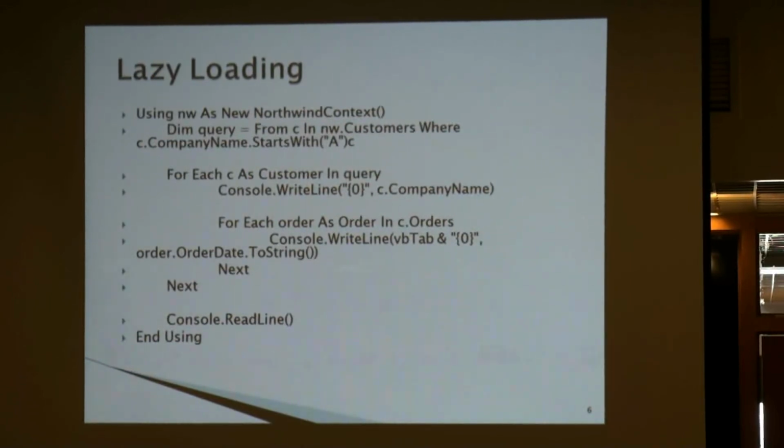You need to understand these things. Usually, if you're going to loop through every record in customers, this will be very expensive, right? Because let's say you have 200 customers, and for each customer you have, let's say, 100 orders. You'll call 200 times, and for each one you will call 100 times. You will have a lot of SQL statements, a lot of multiple rounds to the database. Be careful with that. This is called lazy loading.